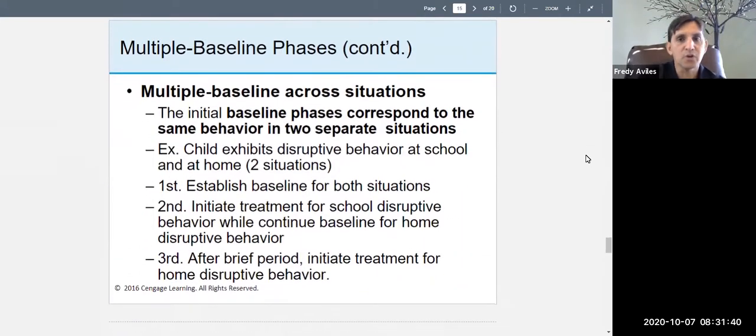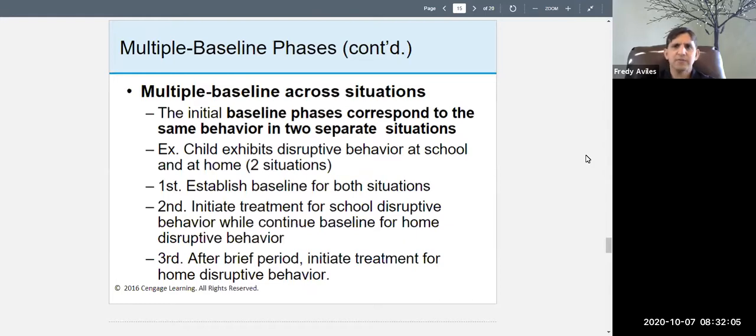And there's also multiple baseline across situations. So here, the baselines are going to correspond to not different participants, not different behaviors, but different situations, say like at home and at school. So the initial baseline phases correspond to the same behavior, okay?